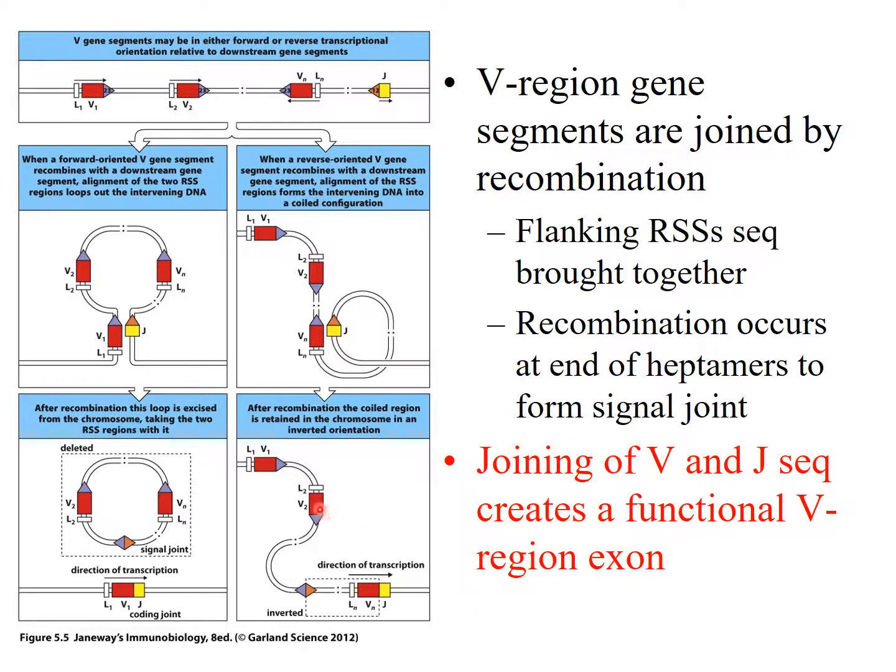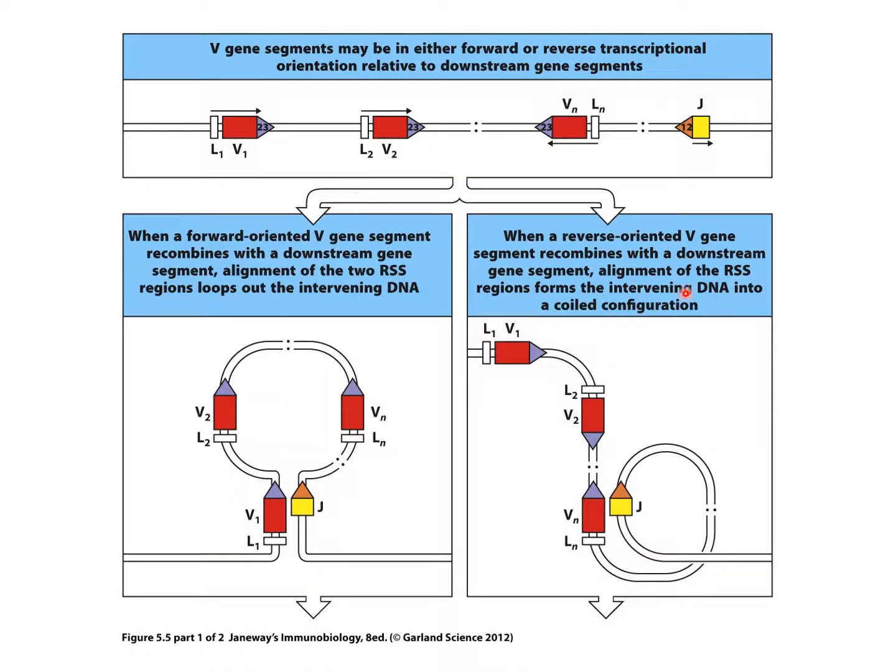So the V's, 1, 2, whatever, are all still present, but they have now been bypassed. I should point out that whether you do this direct loop or this curly Q looping is going to be determined by the orientation of the V domain that you're going to be utilizing.